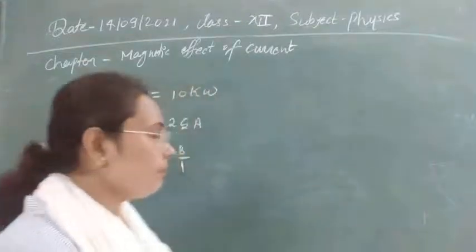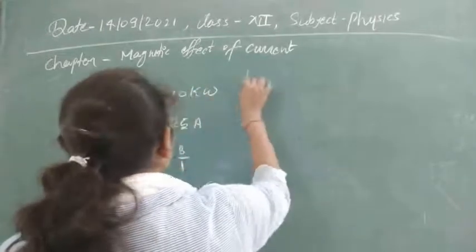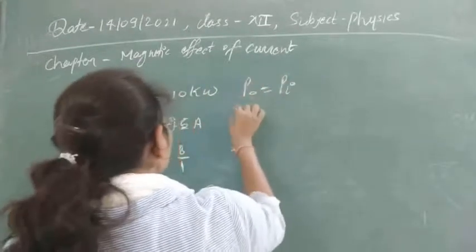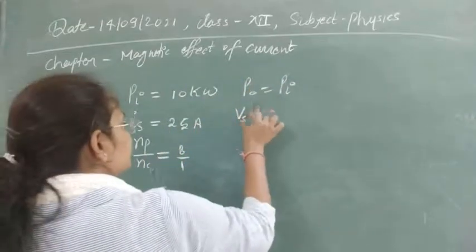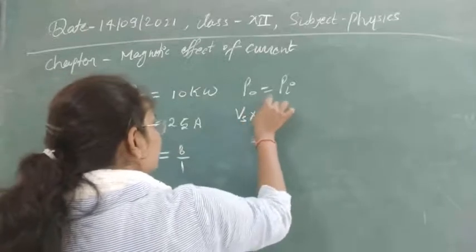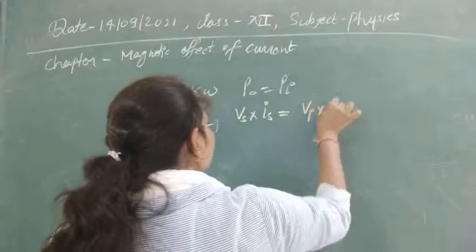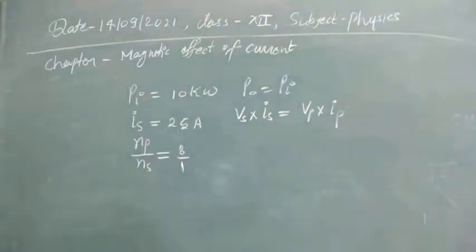You know that in a transformer the output power is equal to input power. As no power loss takes place, we can write P output is equal to P input. Output power and input power can be written as: for the output, secondary potential times secondary current, that is equal to primary potential times primary current. In this way you can equate them.